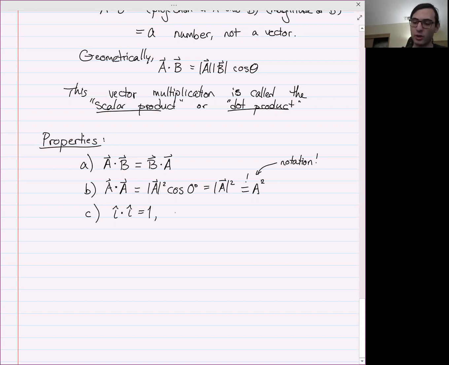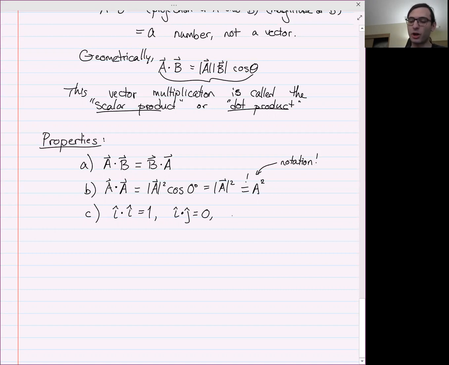Similarly, we can work out what i dot j is. So i points in the x direction, j points in the y direction. So what would i dot j be? Well, using this formula, it would be 1 times 1 times the cosine of the angle between them. Now, they're at right angles. One points in the x, one points in the y. So the angle between them is 90 degrees. Cosine of 90 degrees is 0. So i dot j is 0.